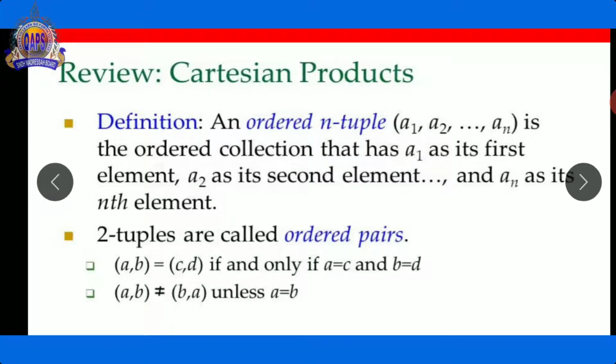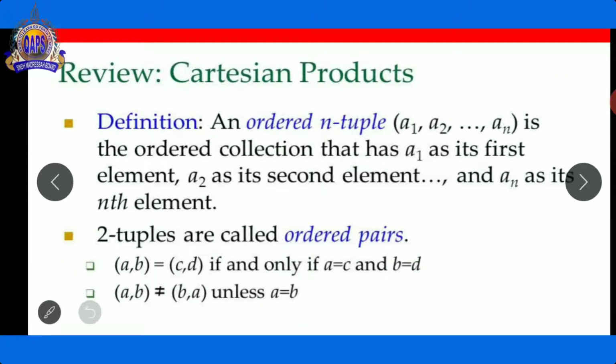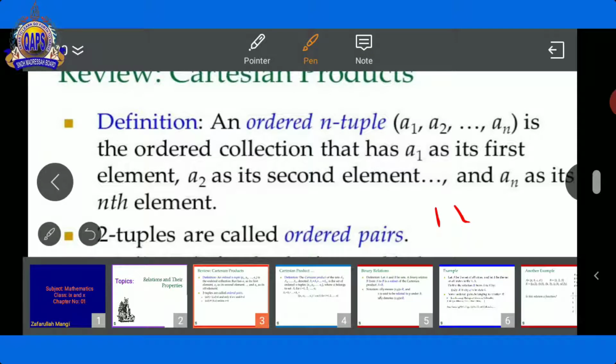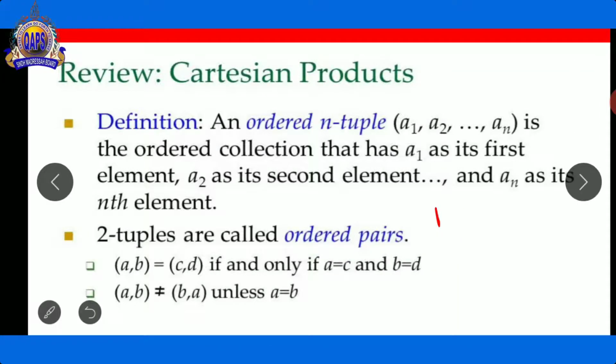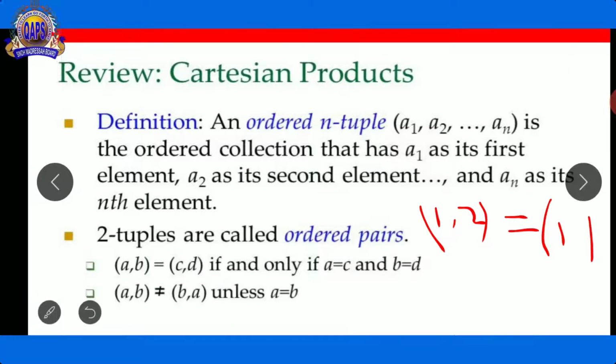So let's suppose, for example, (1, 2) is equal to (1, 2).